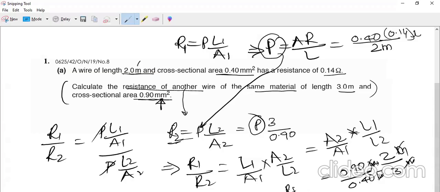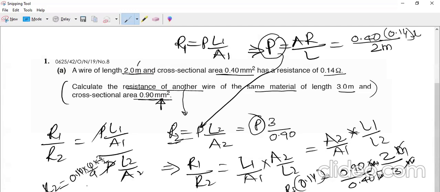So the answer to this would be, R1 is given. We need R2, right? R1 is given as 0.14. So R2 would be 0.14 into 4 by 9. Even the decimals, you don't have to worry, into 3 by 2.